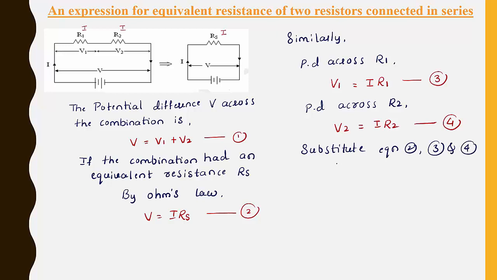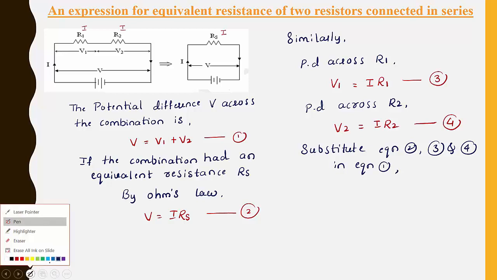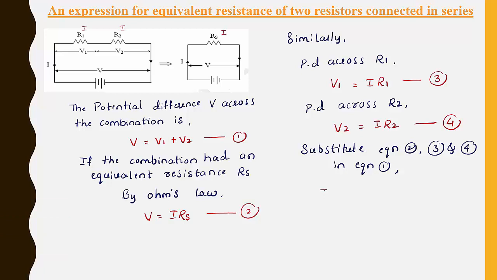Substitute equations 2, 3 and 4 in equation number 1. So what is the value of V here? V equal to I Rs. That means I Rs is equal to, in place of V1 we write I R1, plus in place of V2 we write I R2.